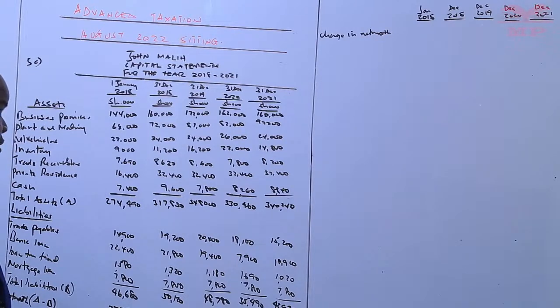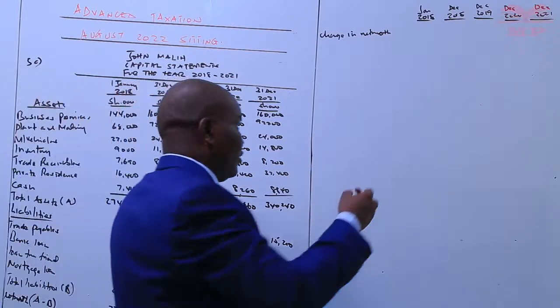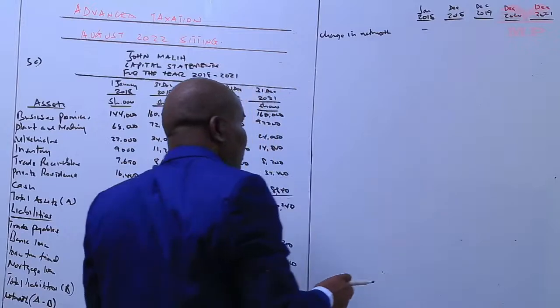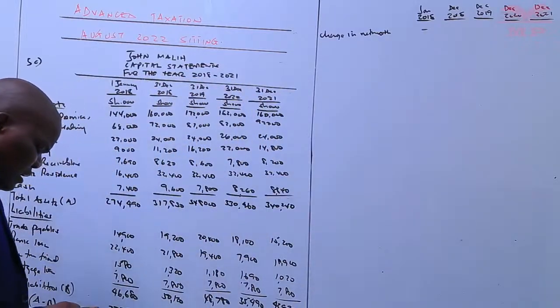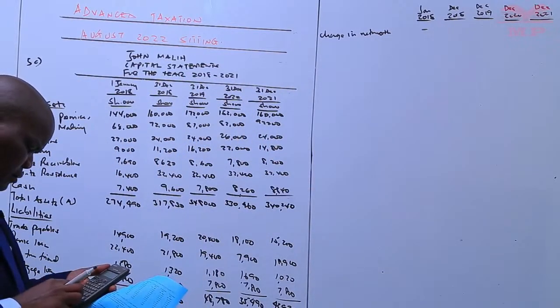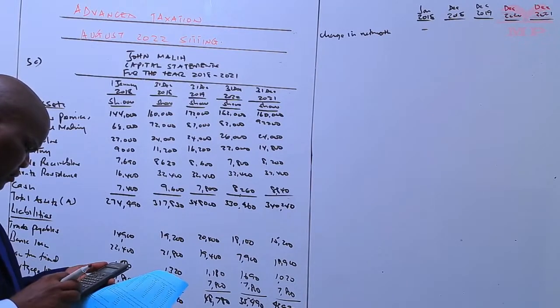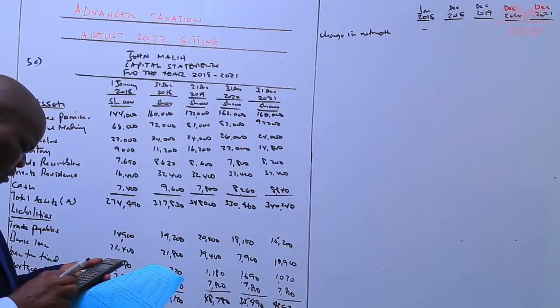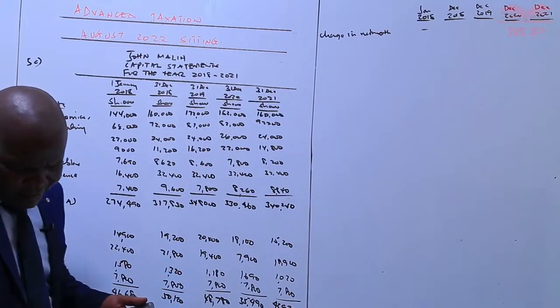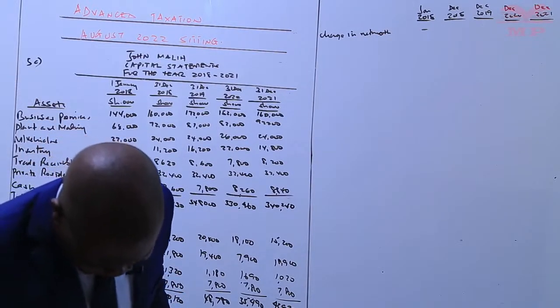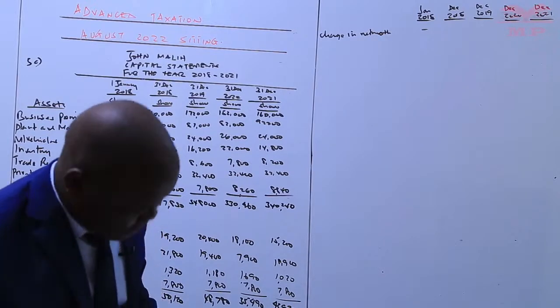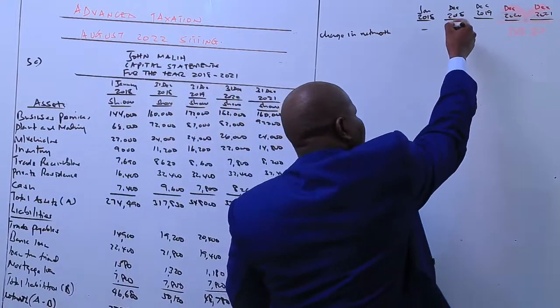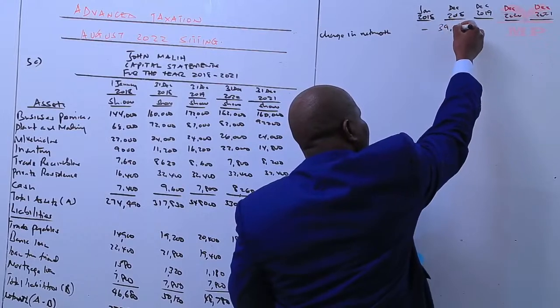So we start with 2018. For 2018 we shall have 267,710 less 227,810. I'm getting a difference of 39,900.